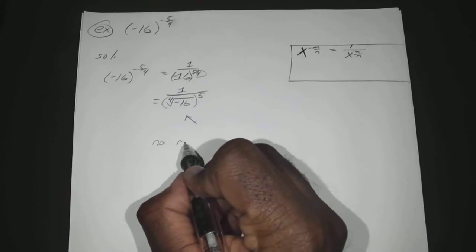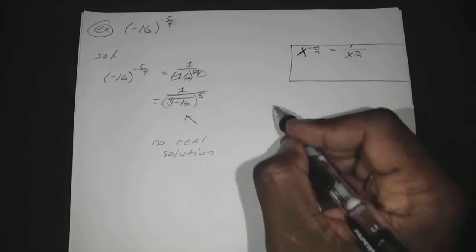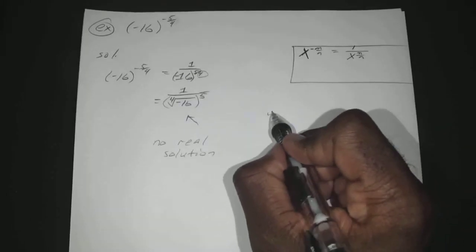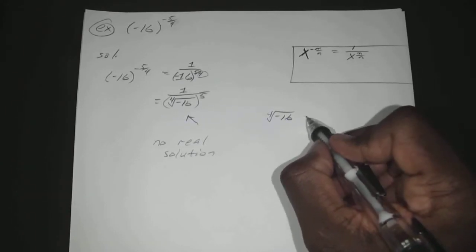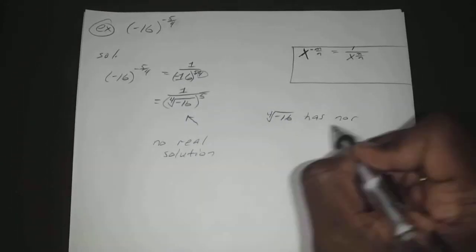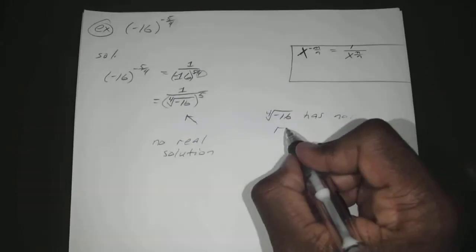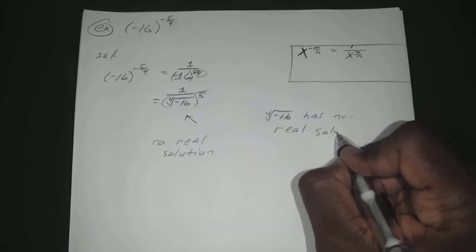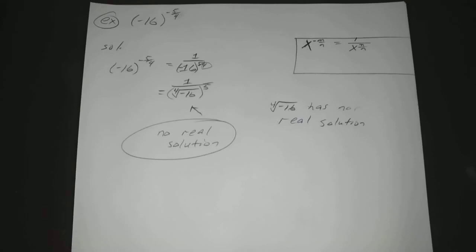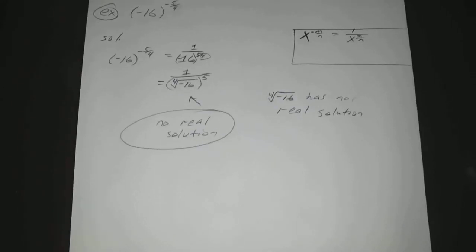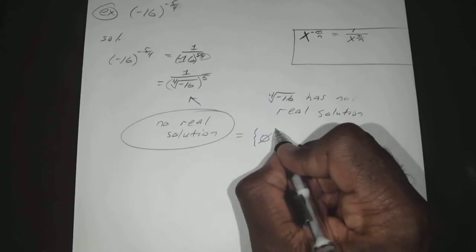So there's no real solution, because the fourth root of negative 16 has no real solution. So this would be your actual answer, or in some cases, they would have you write an empty solution set.